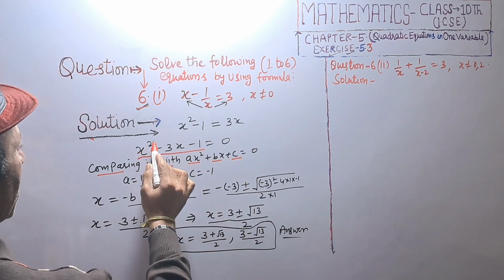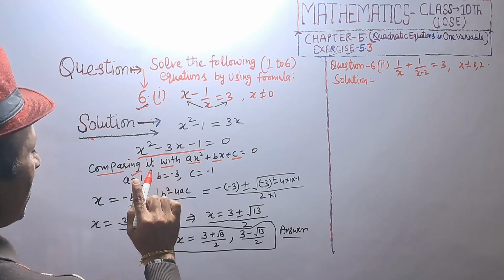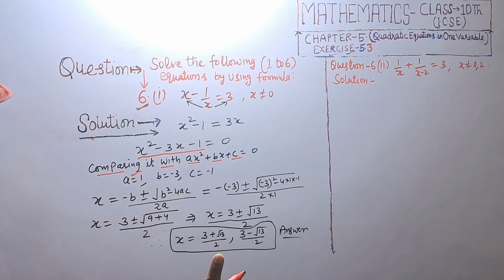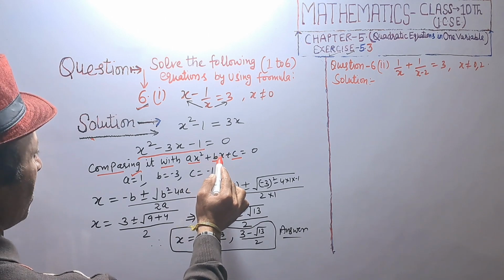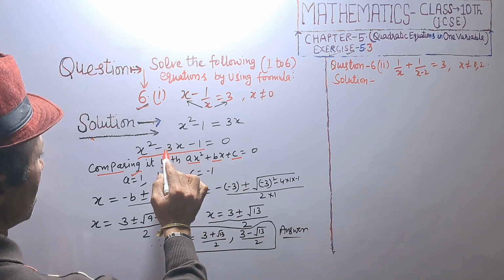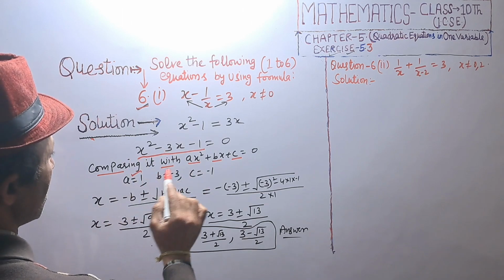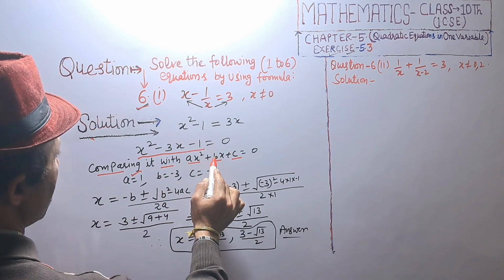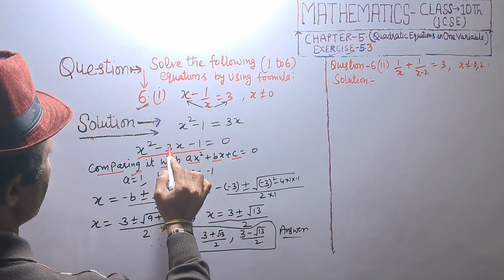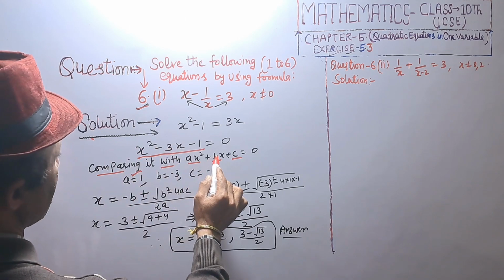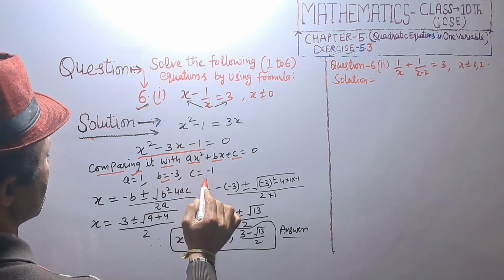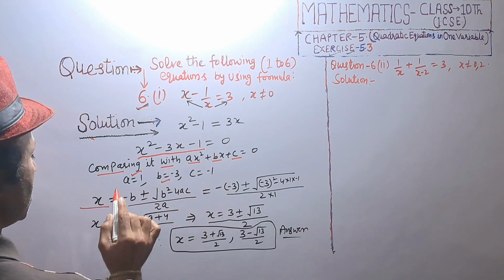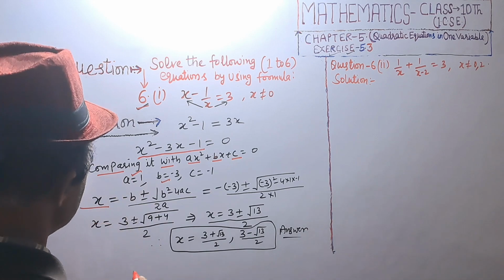Then coefficient of x square is equal to 1, so we get the value of a equal to 1, and coefficient of bx is equal to minus coefficient of x is equal to minus 3, so we get the value of b equal to minus 3 and c is equal to minus 1.